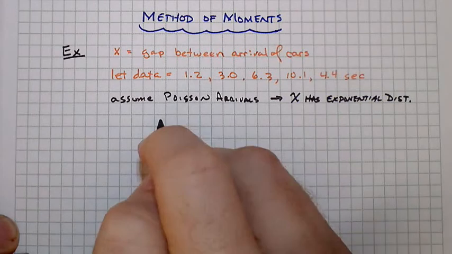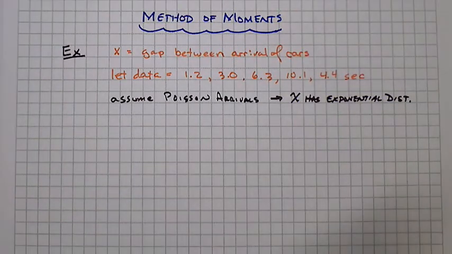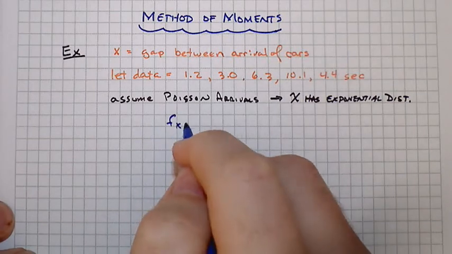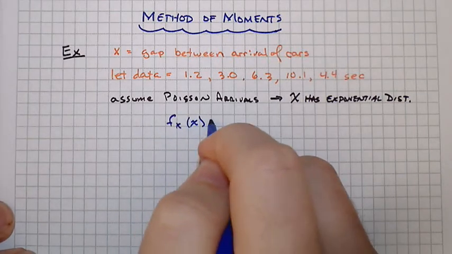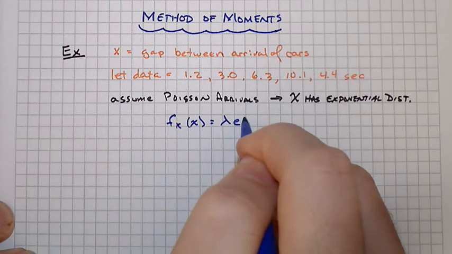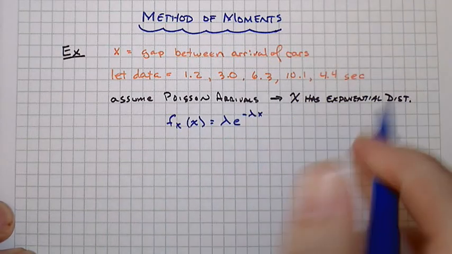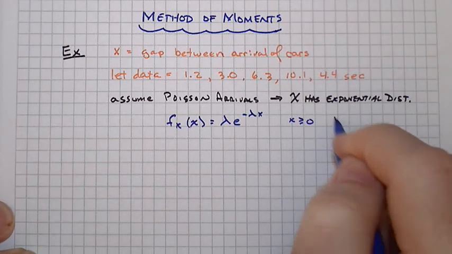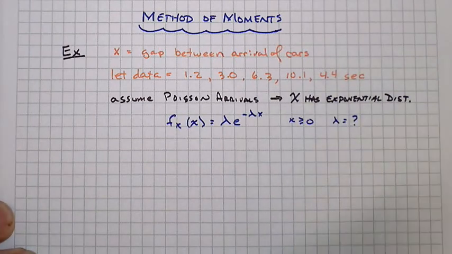So our underlying probability distribution, we believe, would be f_X(x), the PDF, equal to lambda e to the minus lambda x, for x greater than or equal to 0. And of course then the question becomes, what should lambda be? The method of moments is going to give us one approach to coming up with that one single parameter.